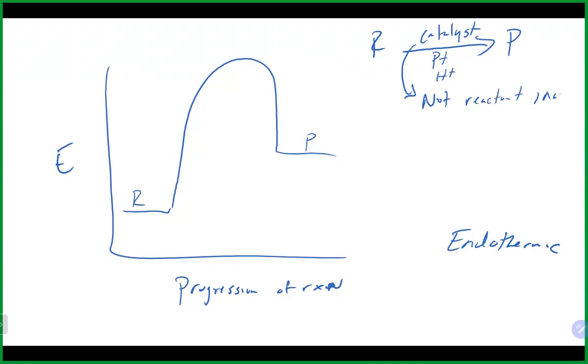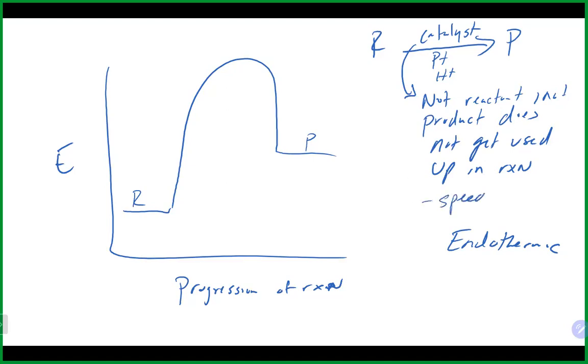It's not a product. And it actually does not get used up in the reaction. One of the reasons a catalyst is there is it typically will speed up the reaction.